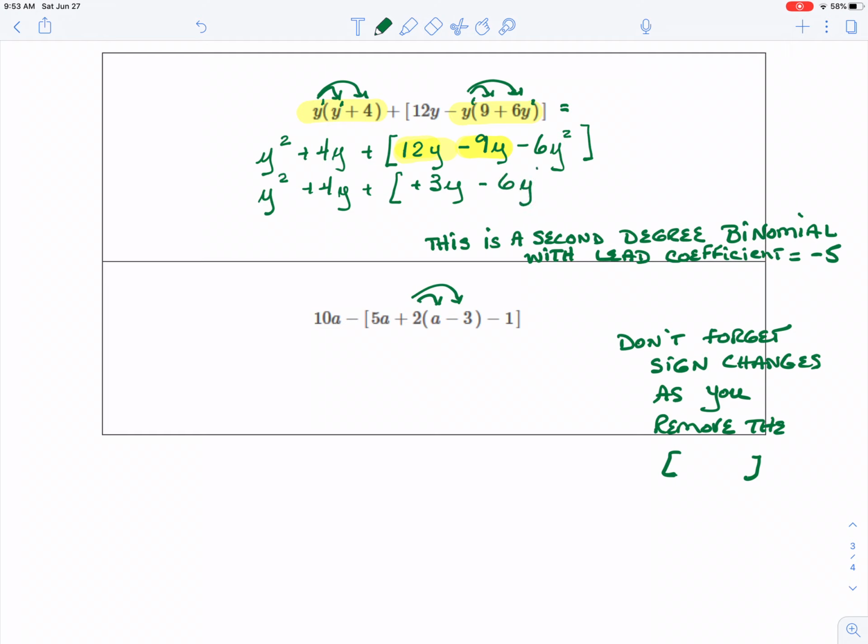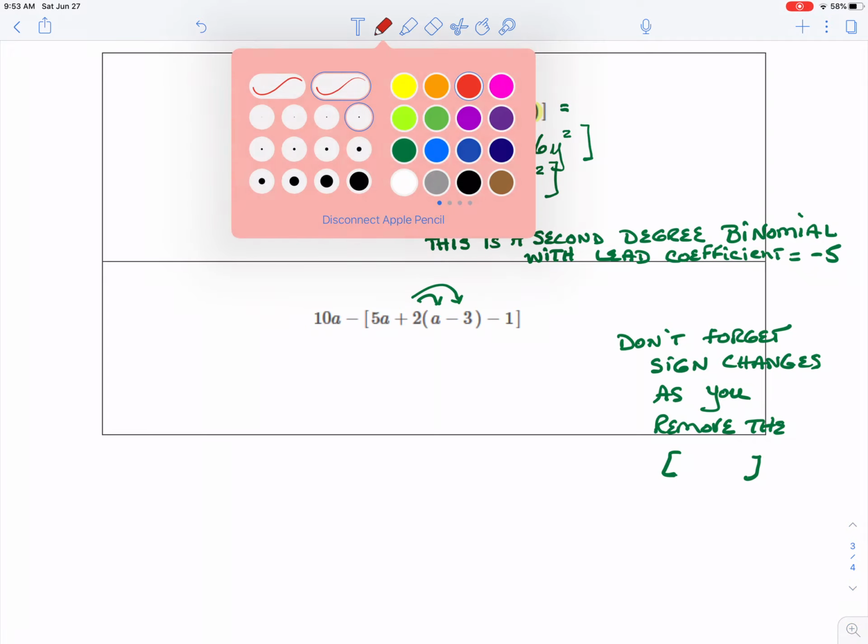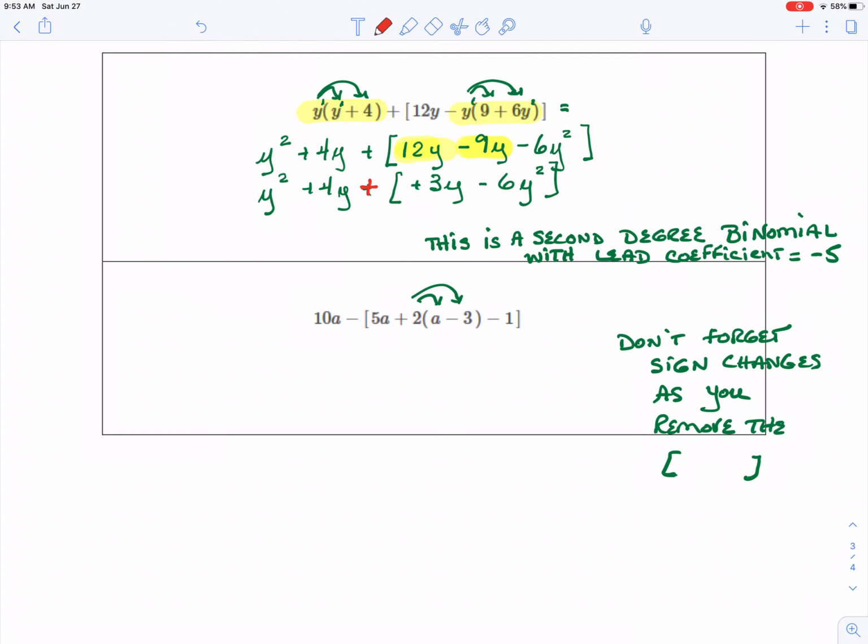You cannot combine this one because he is a second degree y, which makes him different from a first degree y. Notice right here the operation in front of this is an addition operation. So as I remove those brackets, I'm getting a little crowded here, there will be no sign changes because of that addition.